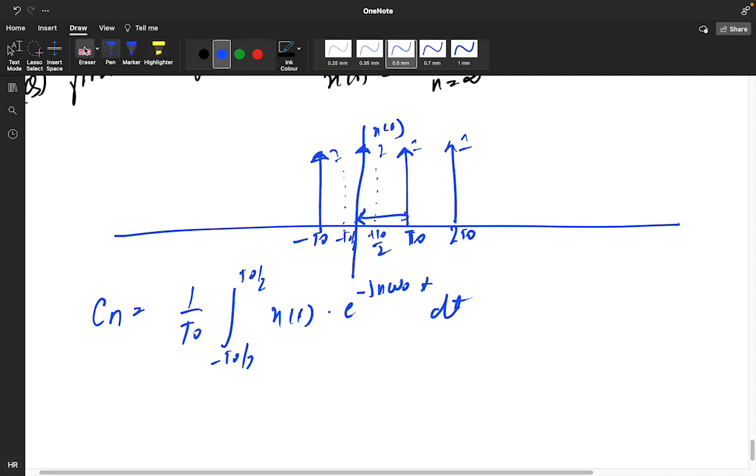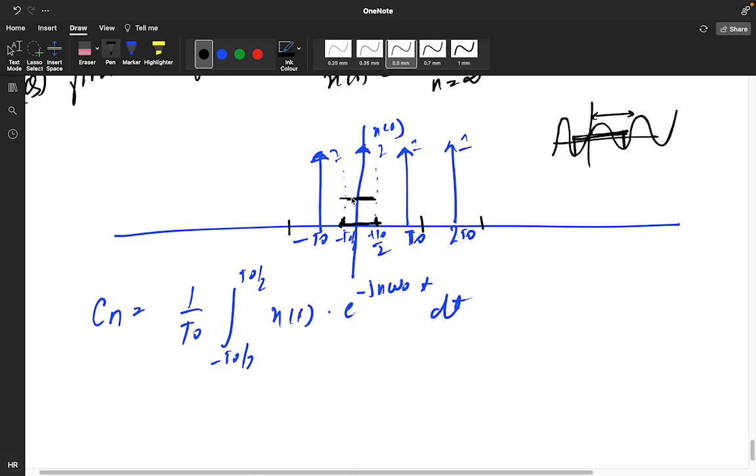So, like what we are saying, if you have a sine function like this, you can take a time period from here to here also, or from here to here also, it's up to you. So I am taking my time period from here to here. Means the signal is repeating from here to here, then here to here, and I am solving.